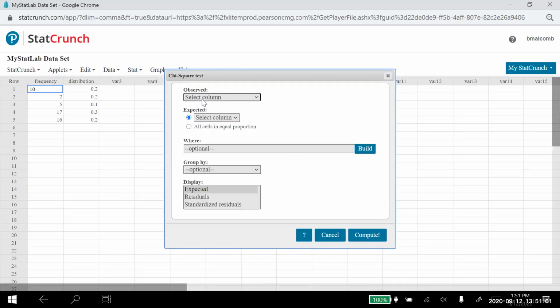It says, where's the observed data? Well, the observed data is your frequency. So pick that one. And what's your expected? Well, there's two options. Either they give you the distribution, or if we expect them all to be the same, we would click all cells in equal proportion. So we expect it to be what the distribution is. And that's all we do, compute.